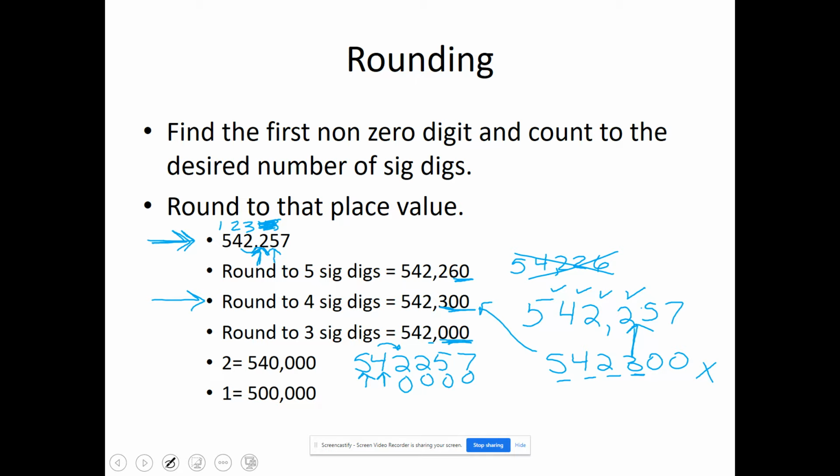Or here, if it said round to the nearest 1,000, then you would look at this number, which would be 3 sig digs. 1 sig dig is the nearest 100,000. So the number after it's a 4, so you just have to round it to 500,000.